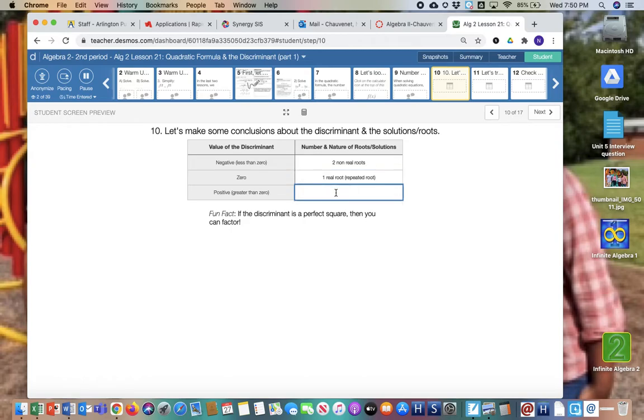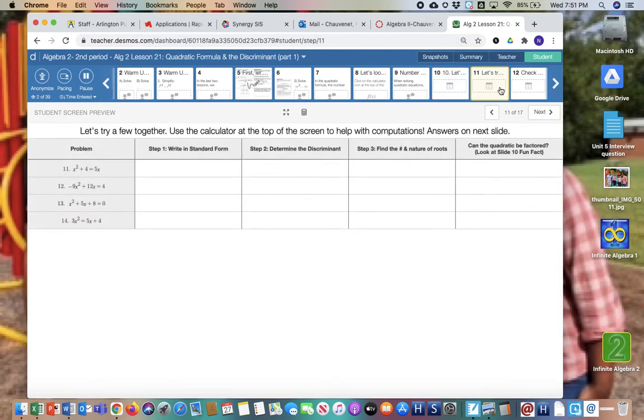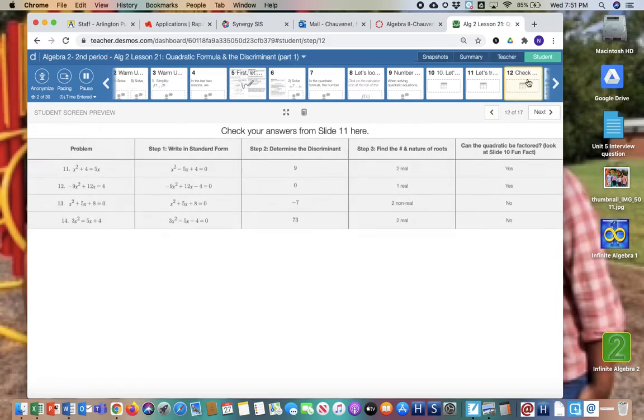And if it's positive, if it's greater than 0, you can get 2 real roots. And if the discriminant is a perfect square, that means you can factor it. So on the ones we did before, technically you could have factored them because the radicals simplify into a perfect square. Then here you have some to try and check, and I'll show you what that should look like.